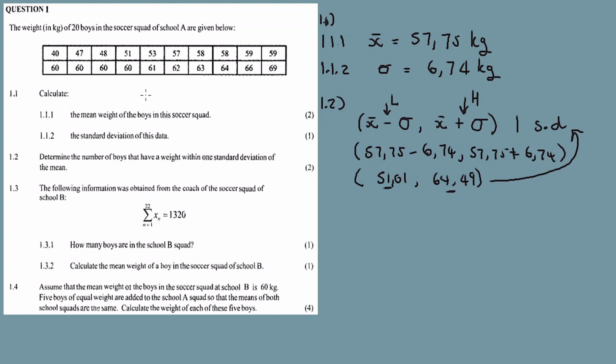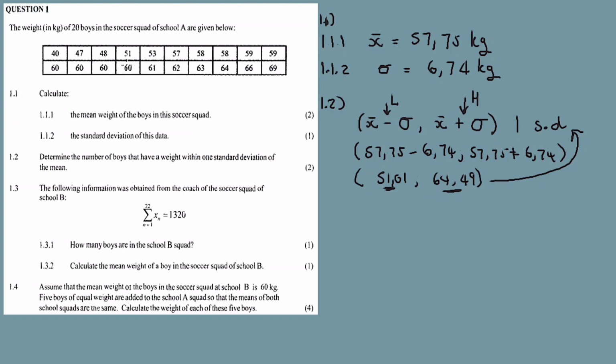So we want to know how many boys are between the weights 51.01 and 64.49. We must count all the values between 51 and 64 in the given table. The weight must be above 51 but lower than 64.